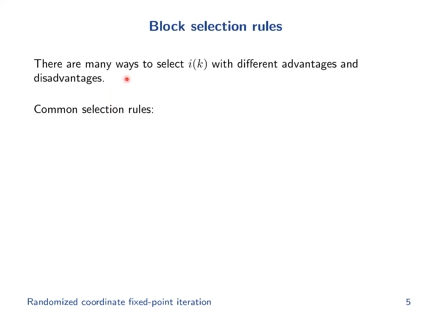There are many ways to select the block to update. They come with different advantages and disadvantages. Here are some common selection rules. In the cyclic rule, one selects the blocks sequentially following a fixed order and cycles that. Although the order can be shuffled, often the order is just chosen as 1 through m.